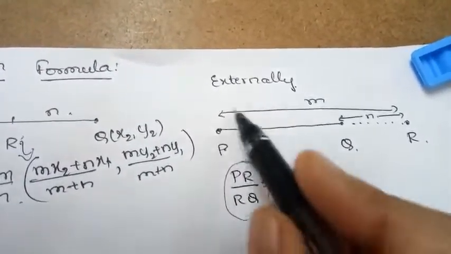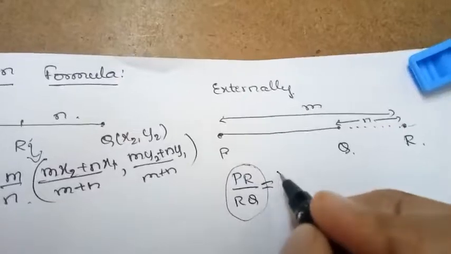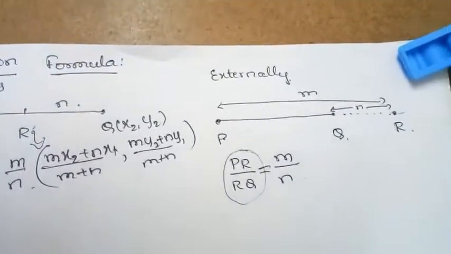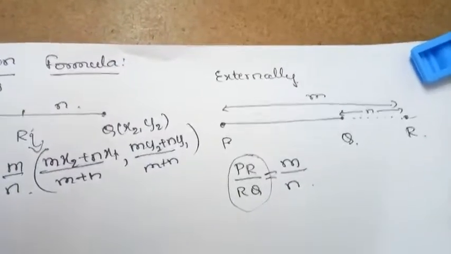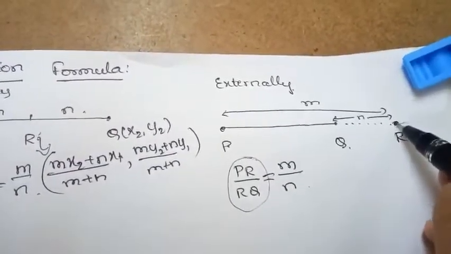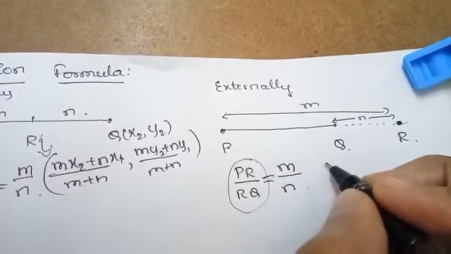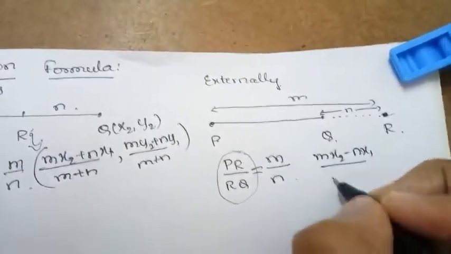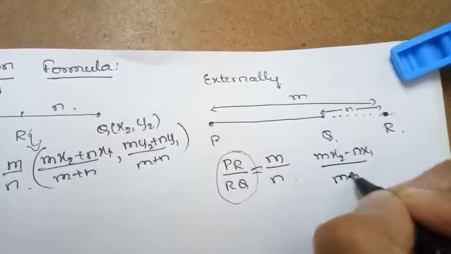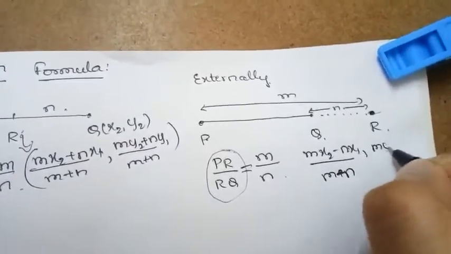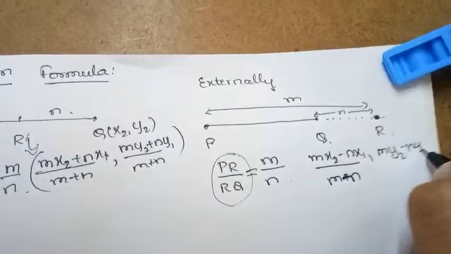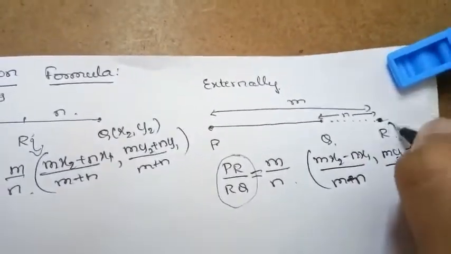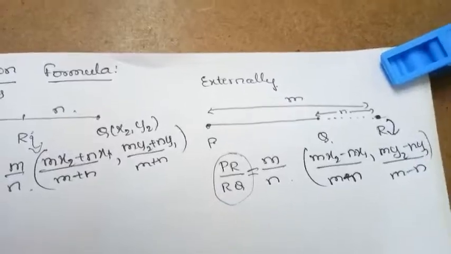So the ratio, PR from P to R is m, and from Q to R it is n, in the form m is to n. Then the coordinate of this point R will be (mx2 - nx1) divided by (m - n), and (my2 - ny1) divided by (m - n). So this is the coordinate of point R.